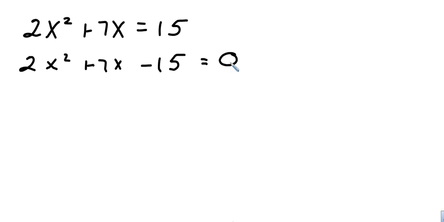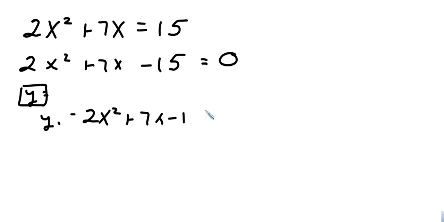Well, as long as I've got my calculator, I can graph this, find the x-intercepts, and that gives me the zeros of the function. So I press y equals, and in y1 I put in my quadratic, 2x squared plus 7x minus 15, and then I press graph.